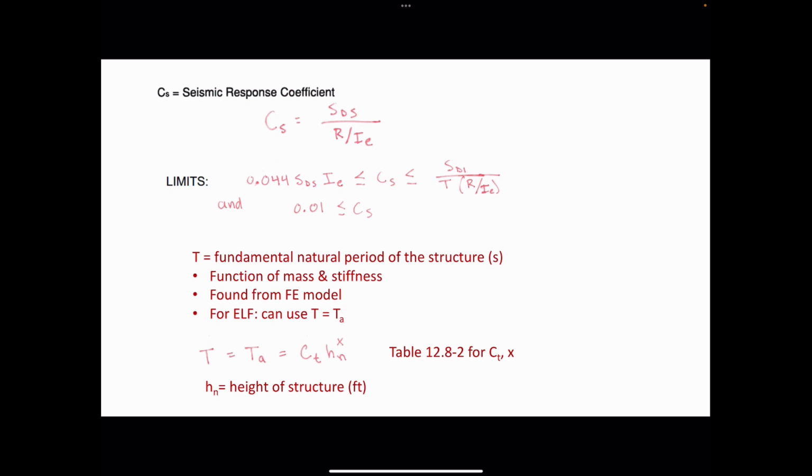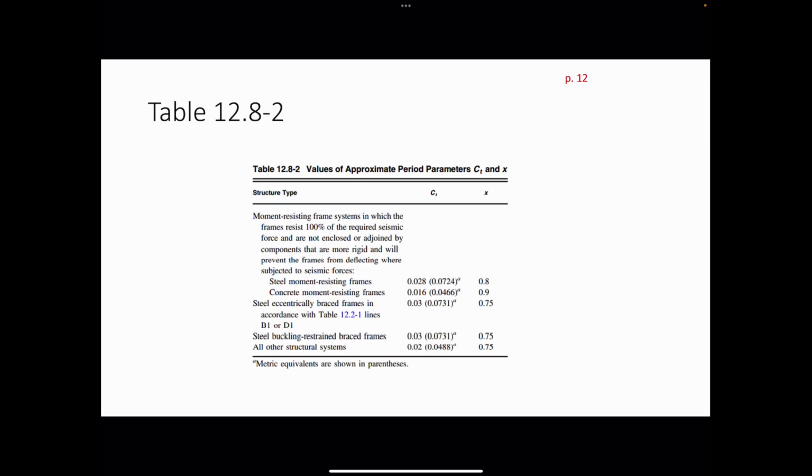And we do that by using this equation, CT times HN raised to the exponent x, where HN is the height of the structure in feet, and the other two values we get from this table 12.8-2, which is on page 12 of your handout.